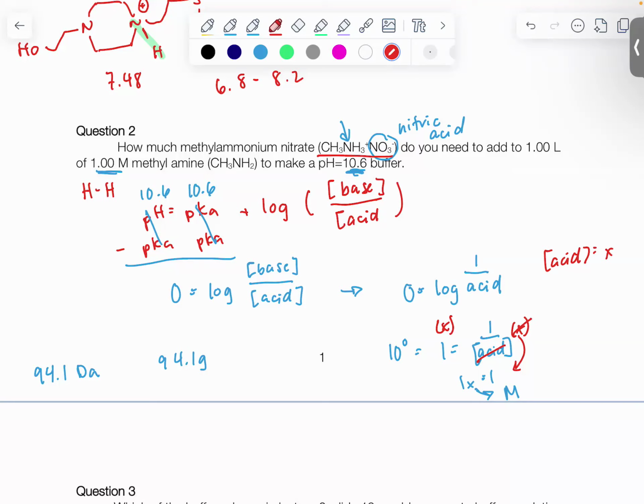Other questions on this one? So this is the molecular weight of what we're looking for. This equation only gets us as far as molarity. And then we know we are making 1 liter of it. So then we go to grams using the molecular weight, which Dalton can also be grams per mole.